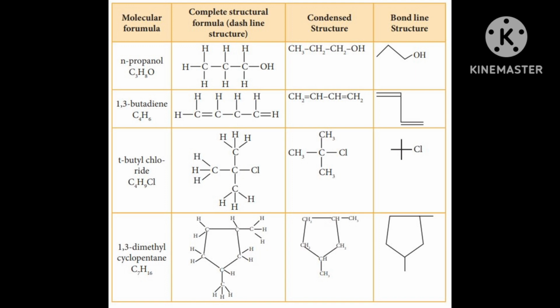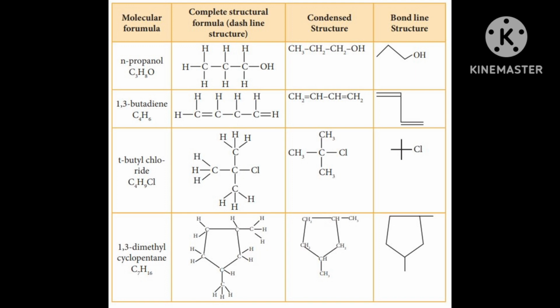Like that, you can write chlorocyclohexane. Try to understand. First, understand this is hexane. Hexane means 6 carbons, but in a cyclic form, meaning all carbons are joined to each other.